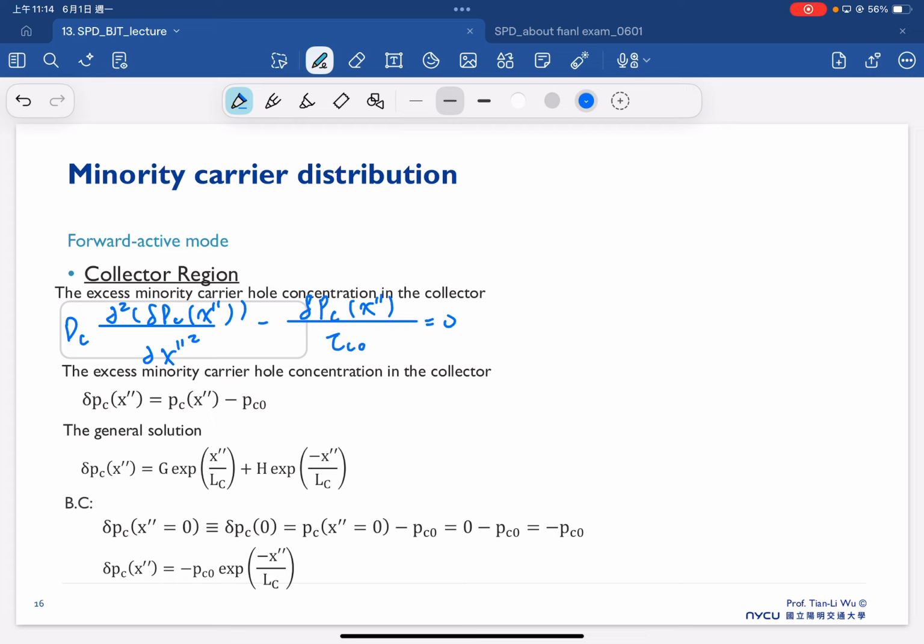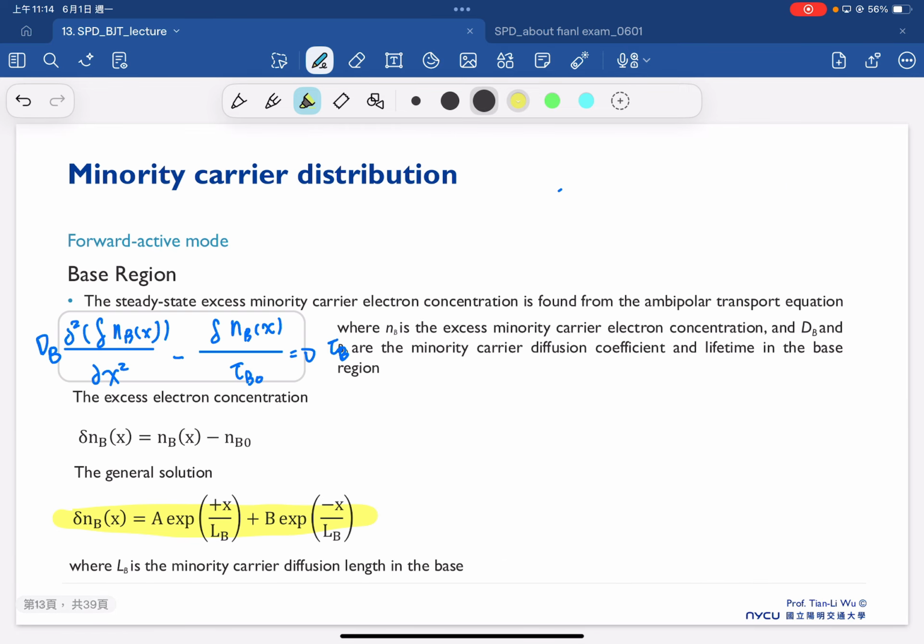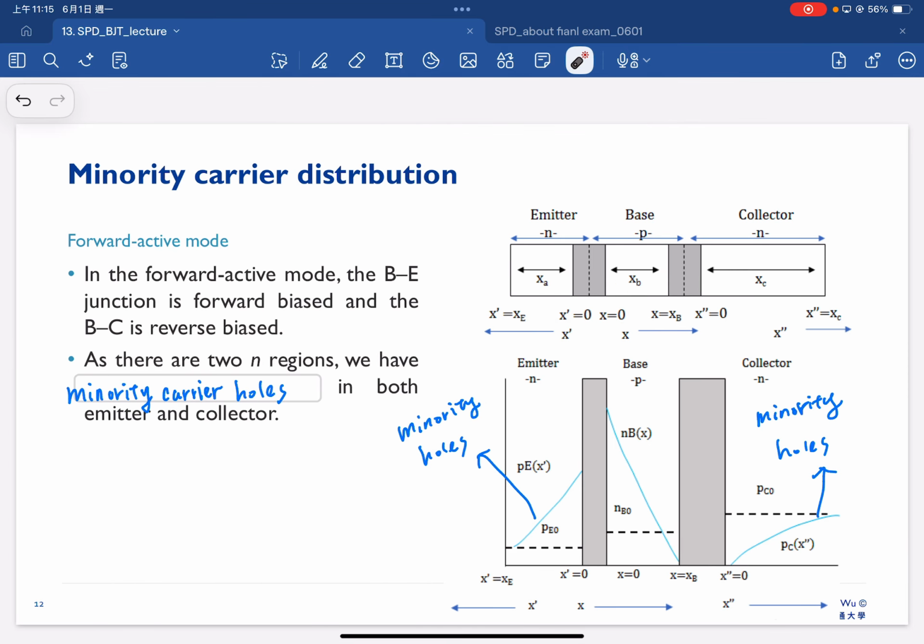These are the minority holes in the collector. With this equation, we are able to solve for the minority carrier hole concentration, considering the boundary conditions at x prime equal to 0 and x prime at the other edge, here, and here. Those are our boundary conditions.